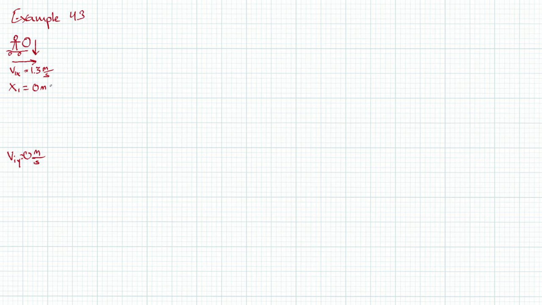Wherever it starts in the x direction, we call that 0. So it doesn't start with any position. It starts at the origin, you might say, in the x direction. And our yo, or our yi, the initial starting position of the ball in the y direction, is 1.25 meters. So we have a starting x position and a starting y position, xo or xi, those are the same thing, and yi right here.